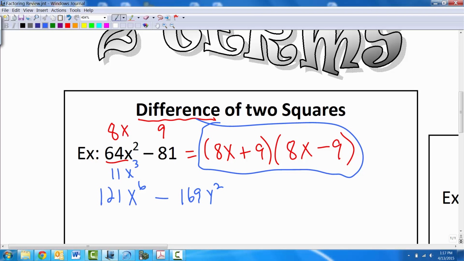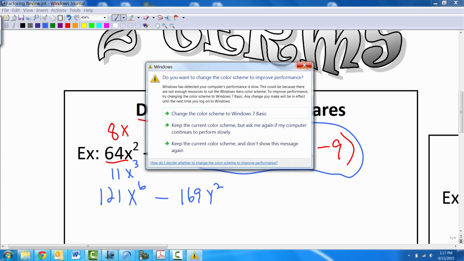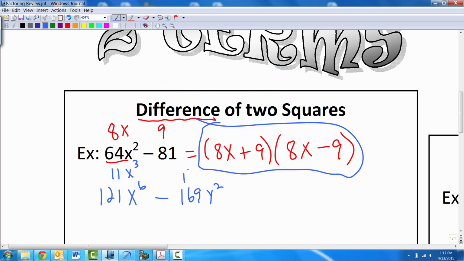What's the perfect square of 169? 13. And then what's the perfect square of y squared? Y. So what is this in factored form then?